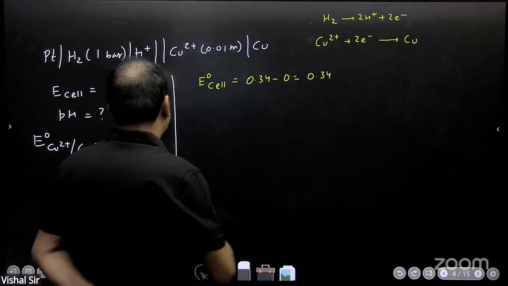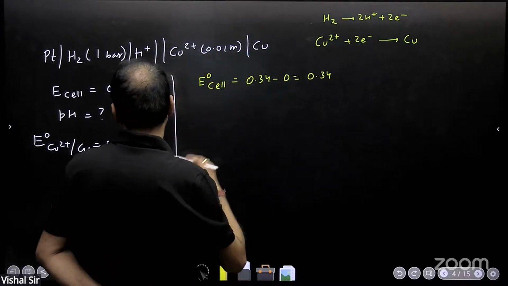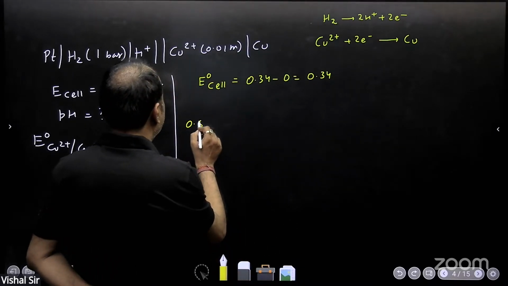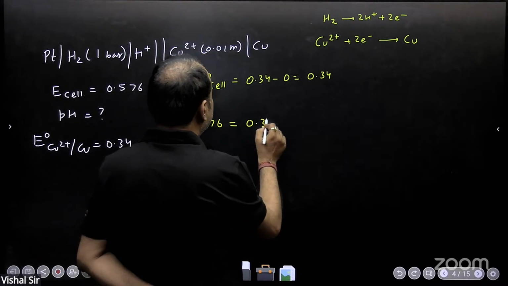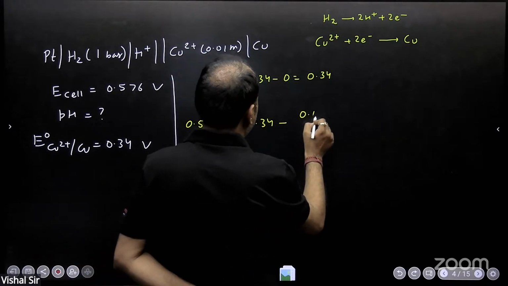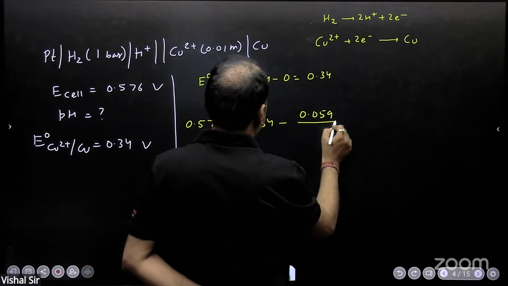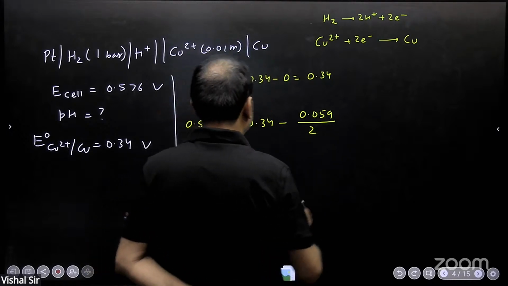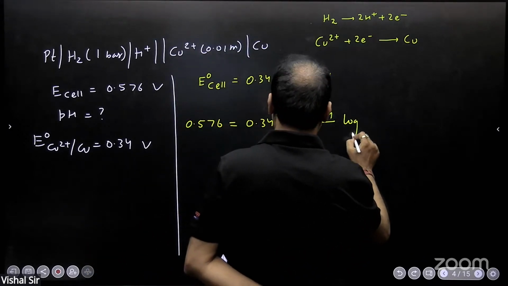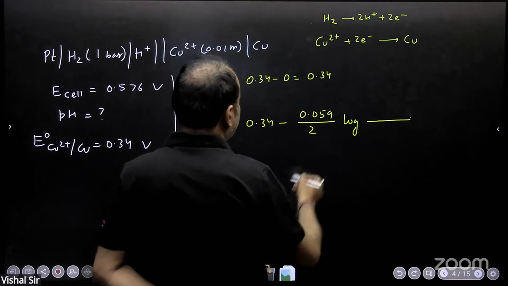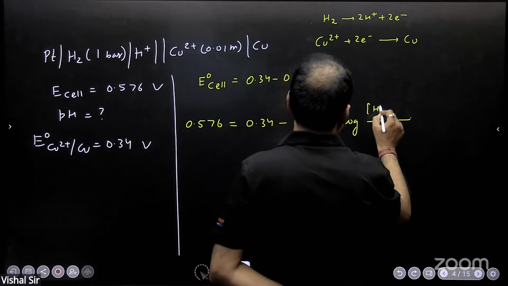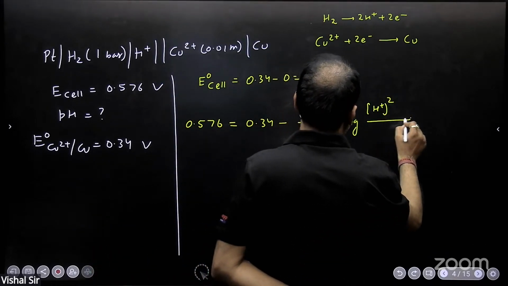So let's apply Nernst. So 0.576 is 0.34 minus 0.059 by 2 log of H plus ions. We don't know, we have to find their molarity.